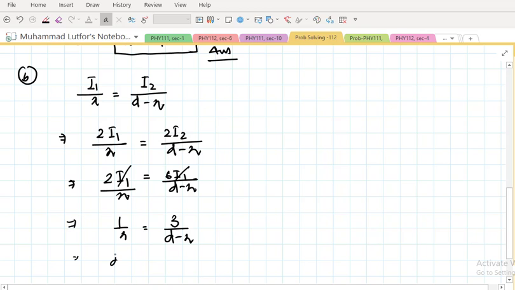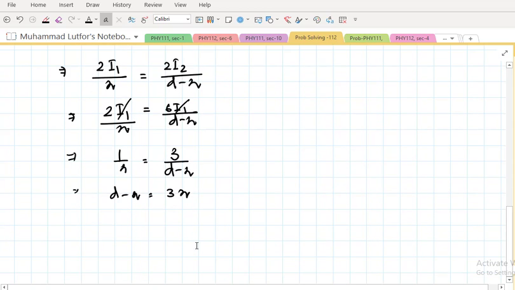That again becomes d minus x equals thrice x, or 4x equals d, which is exactly the same as before.